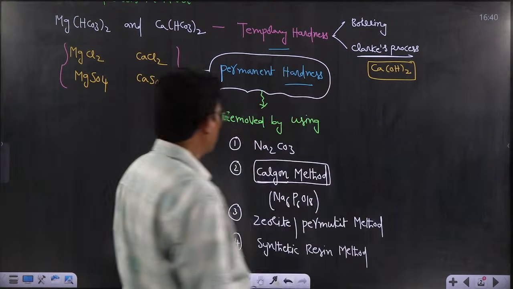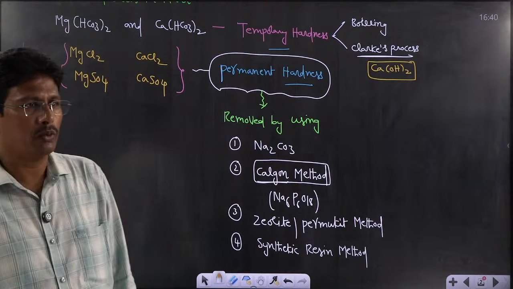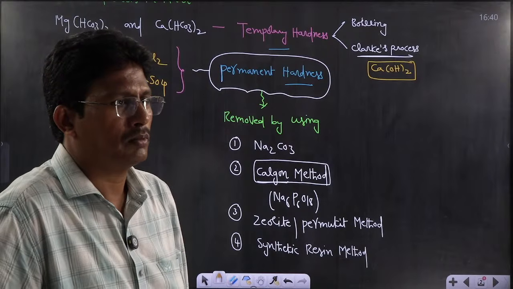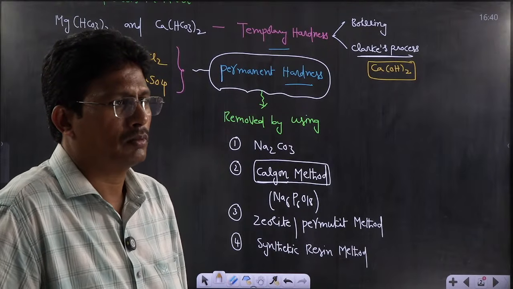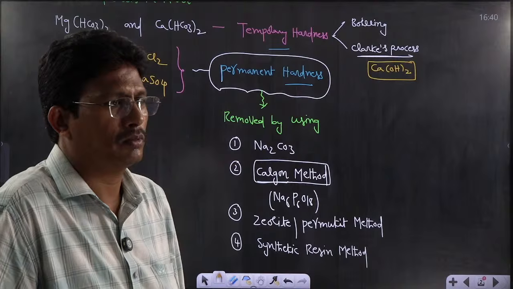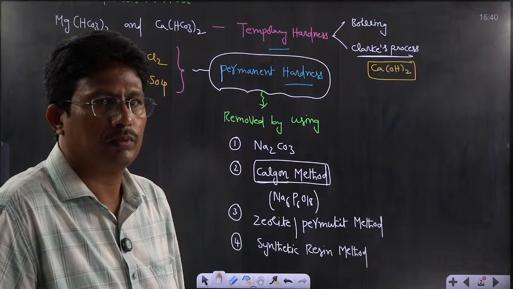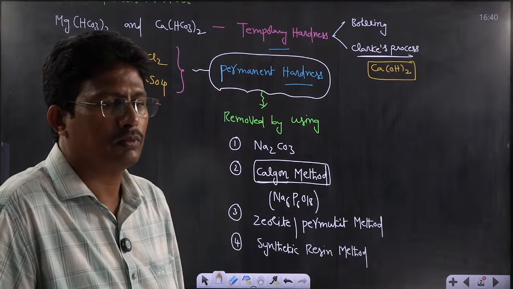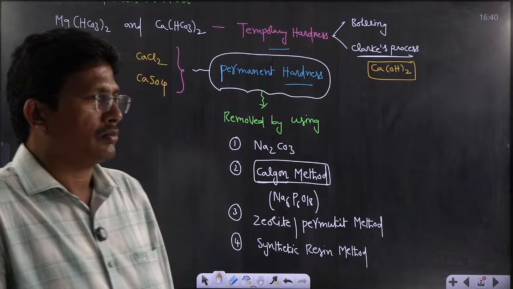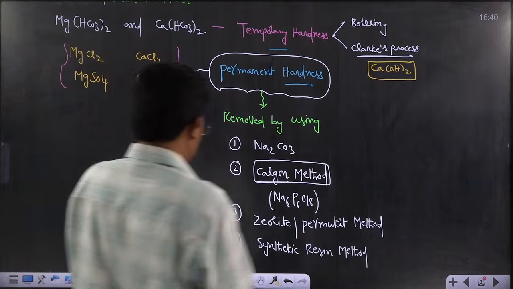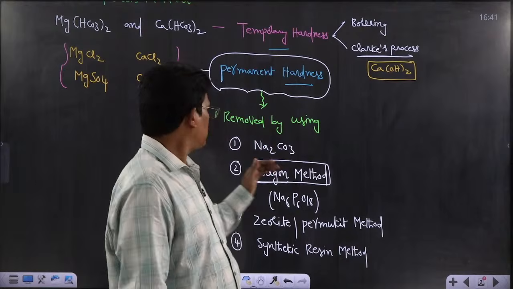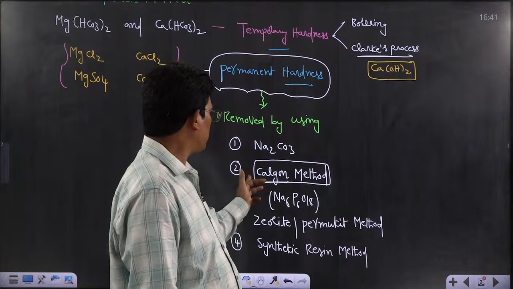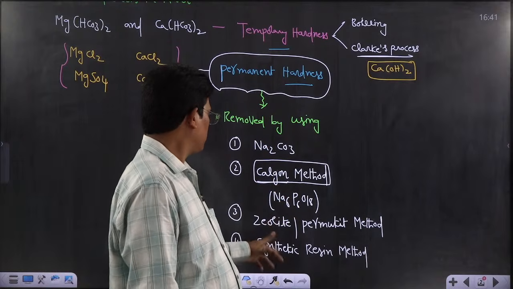These are the different methods used to remove hardness. In the above methods, hard water is passed through sodium carbonate or Calgon or zeolite.